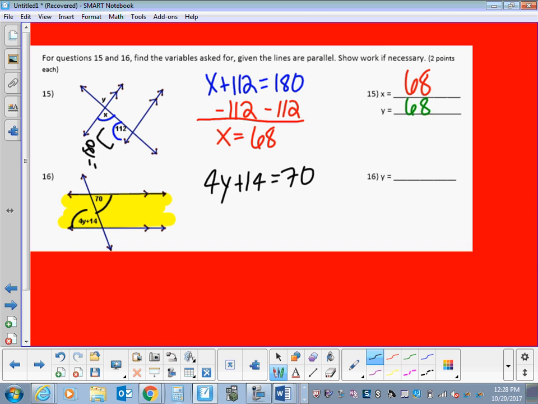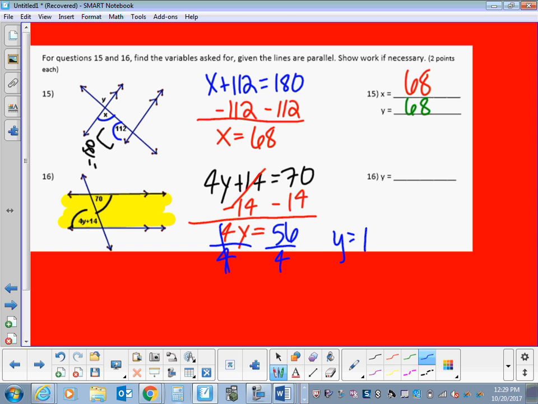All right, how do I solve this? Minus 14. Guys, this part of your test is so important because it is normally the dagger. If you get this section right, you normally do very well. If you get this section wrong, you don't do very well. These are worth like 4 points. Well, these two are worth 2 each, but it'll have to be 4 on your test. All right, 70 minus 14. Divide by 4.